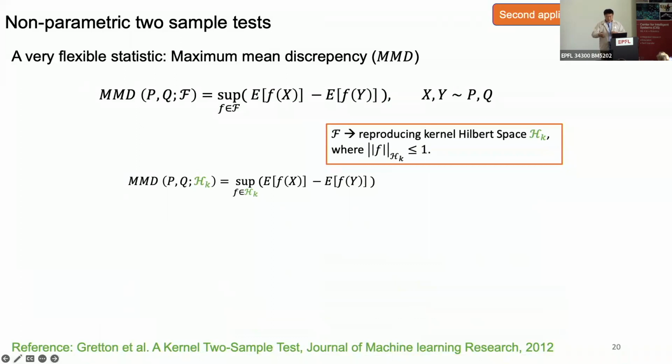We must restrict the function class, curly F, to provide a useful finite sample estimate. But we also want the function class to be rich enough to be flexible. Therefore, we choose the function class, curly F, to be the unit ball in the reproducing kernel Hilbert space, RKHS.